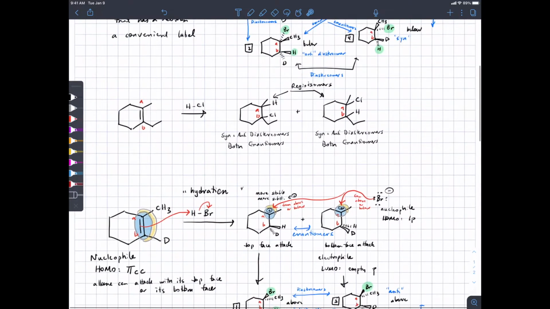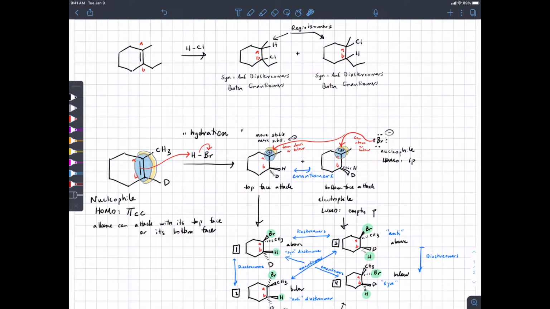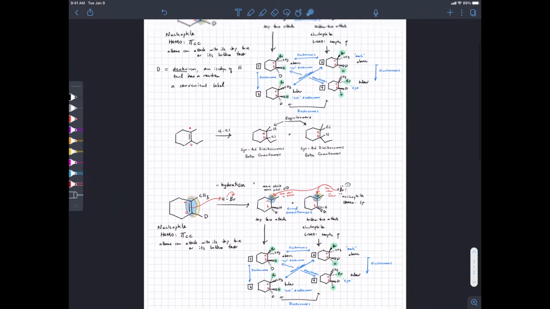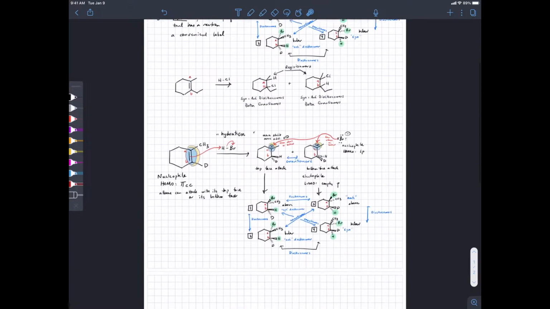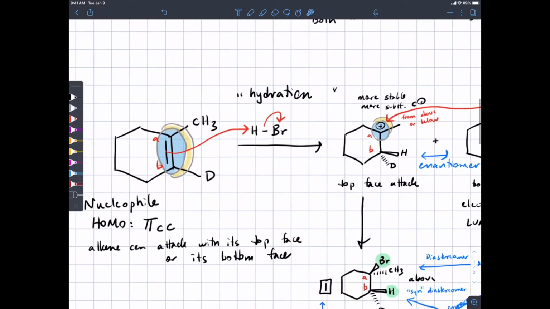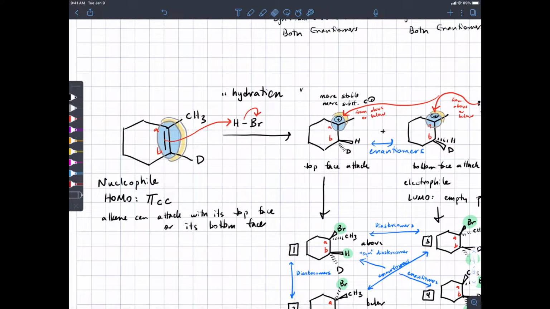All right, so your text introduces another reaction as though it's its own thing, but it's not. I've copied and pasted this exact same thing that we did for the hydrohalogenation reaction, and instead we're going to do hydration. So all you do is you change the thing the proton was attached to.